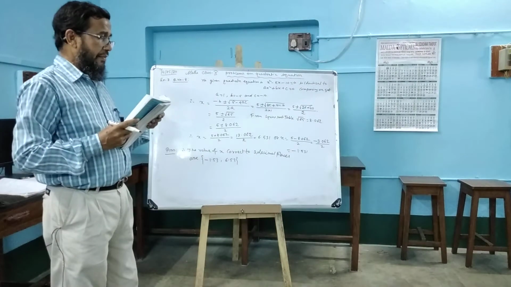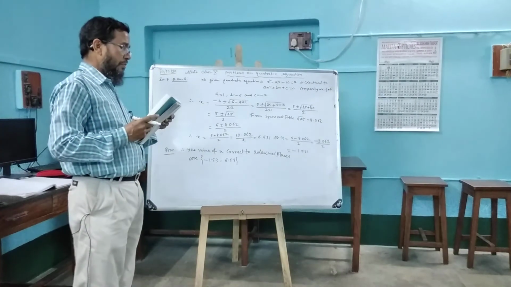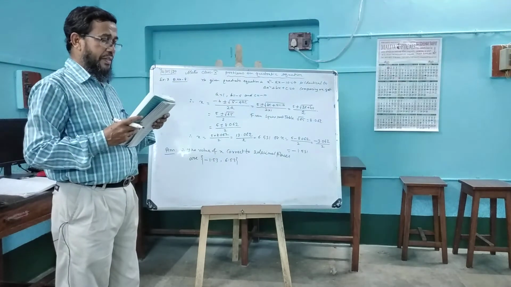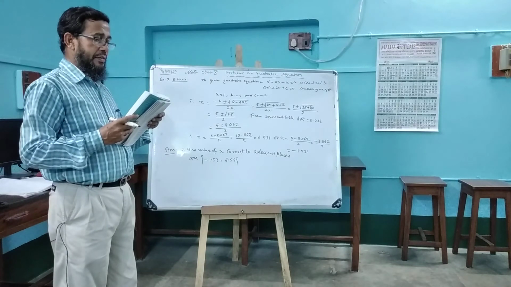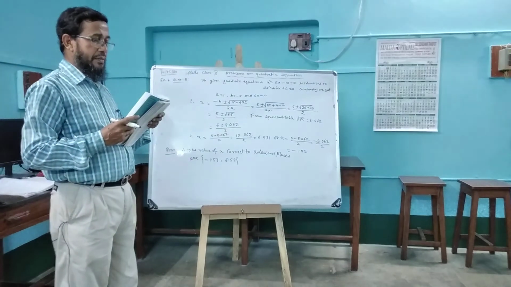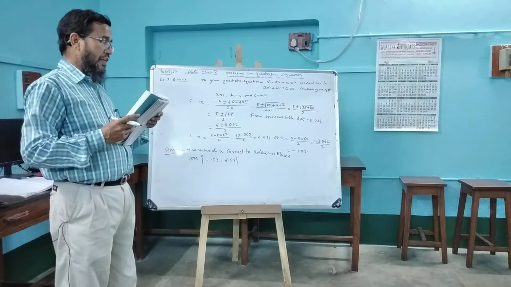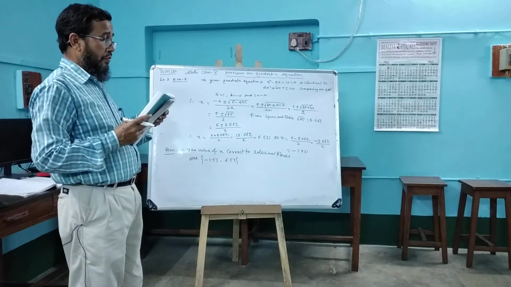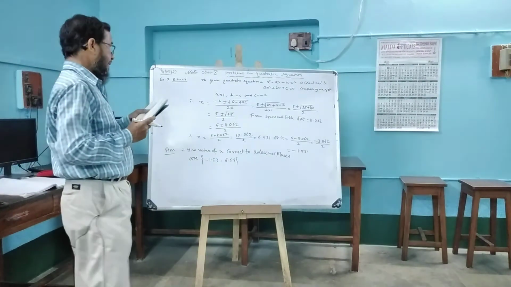A train travels 200 kilometers at uniform speed. If the speed had been 10 kilometers per hour less, the journey would have taken 40 minutes more. Find the speed of the train.